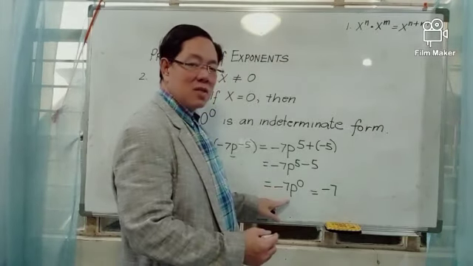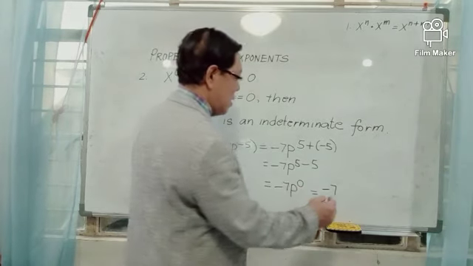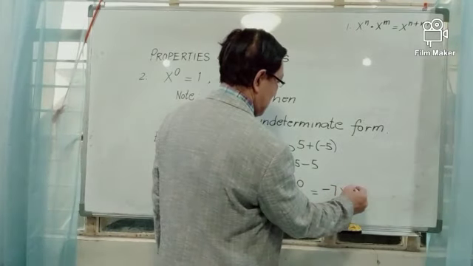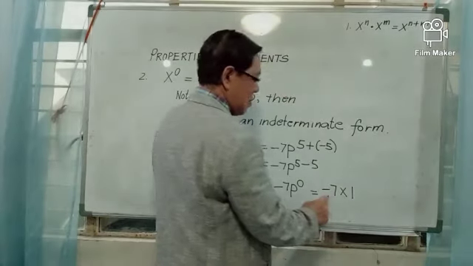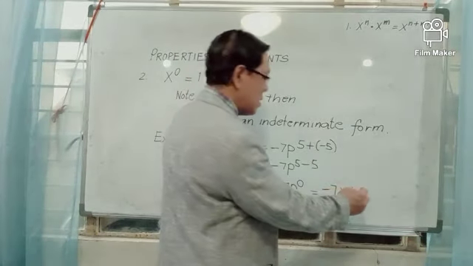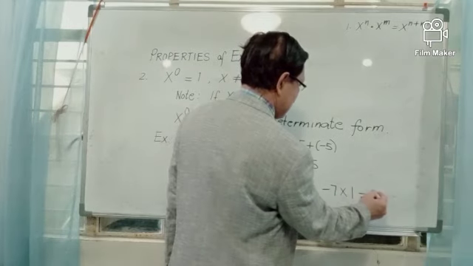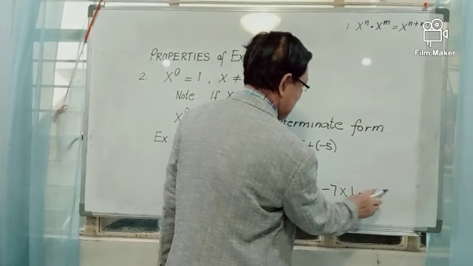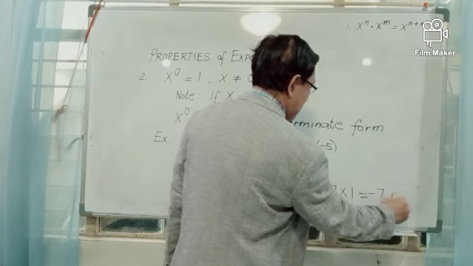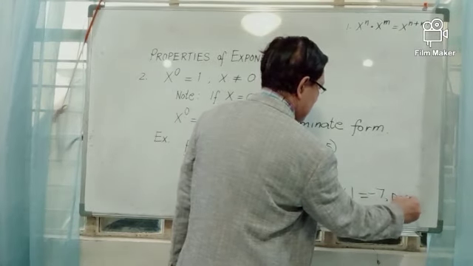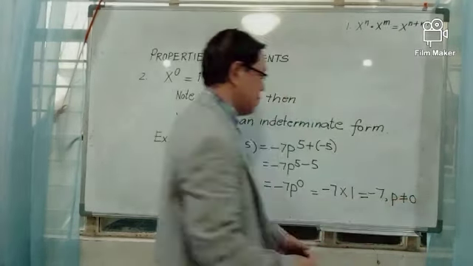Negative 7 times p to the power 0, which is 1, equals negative 7 multiplied by 1, which is negative 7, provided p is not equal to 0.